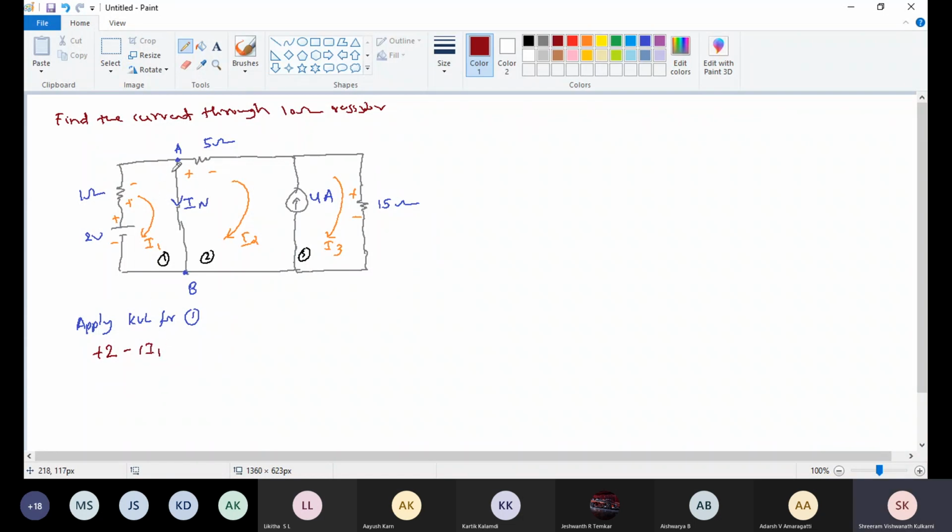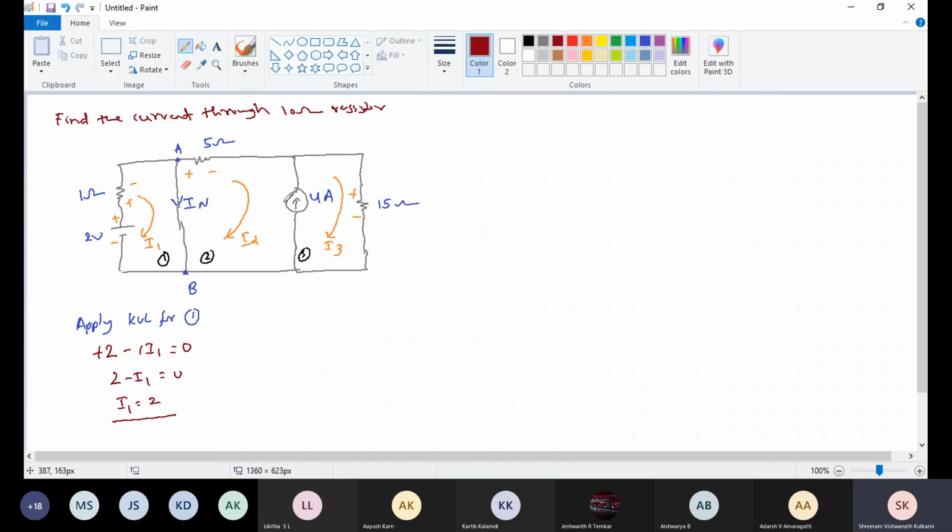Here there is no element in this AB path, there is no resistance or inductance. So 0, that is 2 minus I1 equals 0. So I1 equals plus 2. Applying KVL for loop 1, I got I1 equal to plus 2.